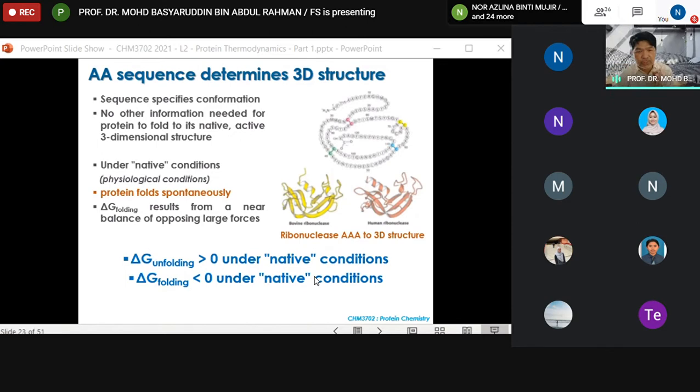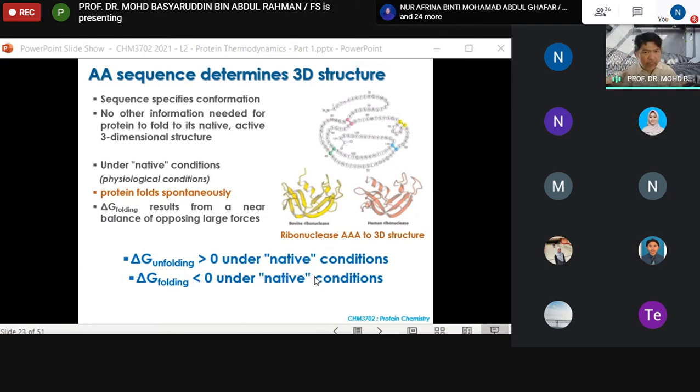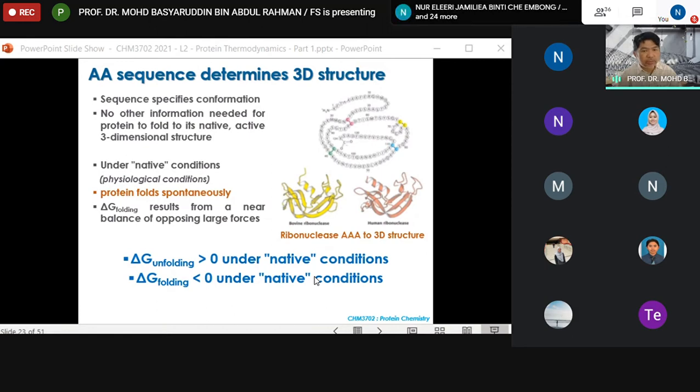So all these kinds of interactions mean that protein folding is a spontaneous process because the sign of delta G is negative. Why? Because of the magnitude that I mentioned just now. So the delta H magnitude must be bigger than the loss of entropy. So when delta G is negative, what will happen?